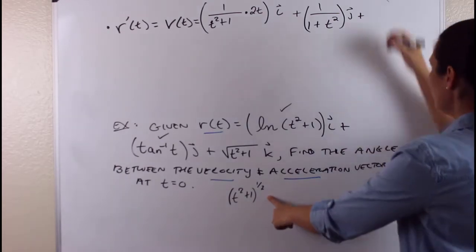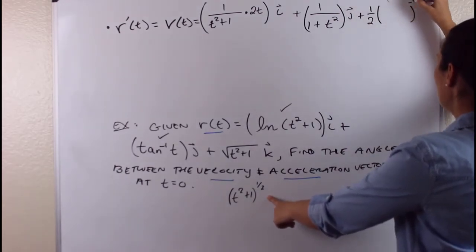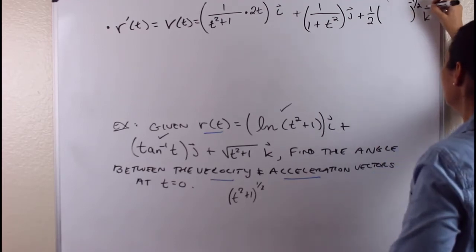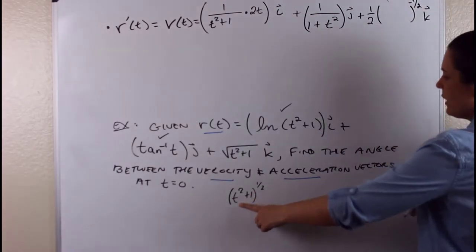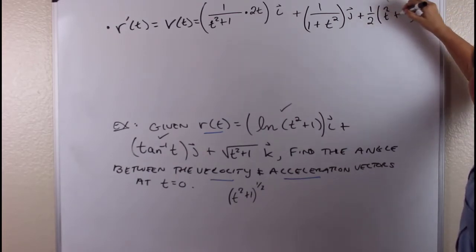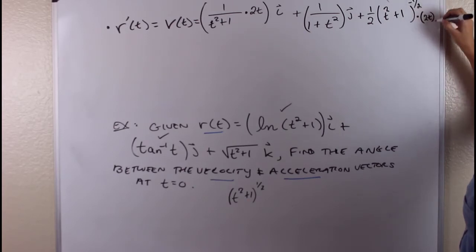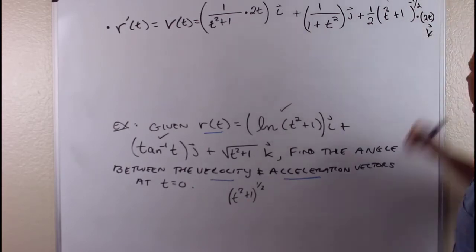So the outside, I'm going to get 1/2 in the front, and then negative 1/2 in the exponent. And then the inside stays. And then derivative of the inside, so times 2t. And all of that is our k component.